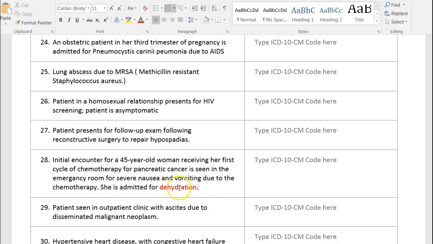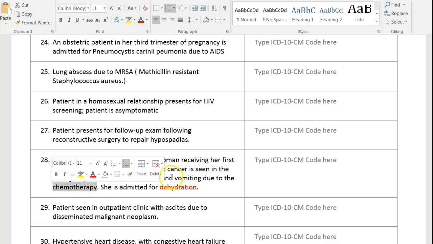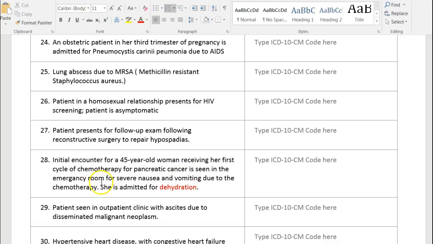Then we will code that first. Okay, so now let's see what happened with her with chemotherapy. So basically what happened with this patient is that she had gotten her chemotherapy, and dealing with the table of drugs and chemicals, she has an adverse effect. So this is what this is considered.